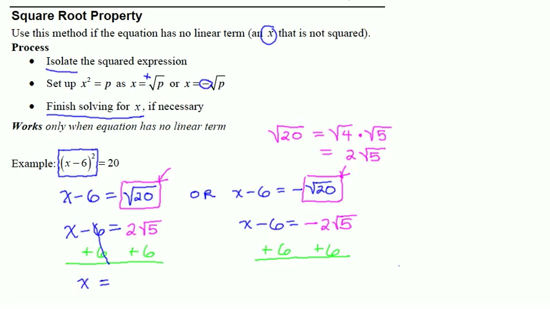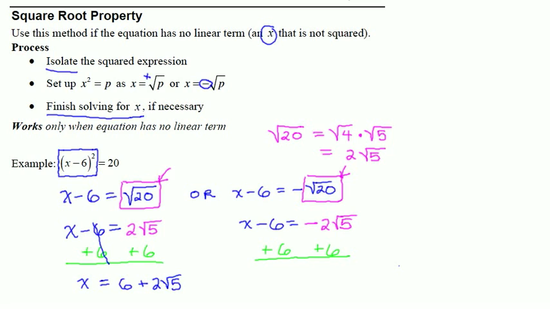It's fairly standard to write the rational term first and the irrational term second, and part of the reason for that is that the quadratic formula will write numbers in this order as well. So instead of 2 times the square root of 5 plus 6, I'm going to write it as 6 plus 2 times the square root of 5.